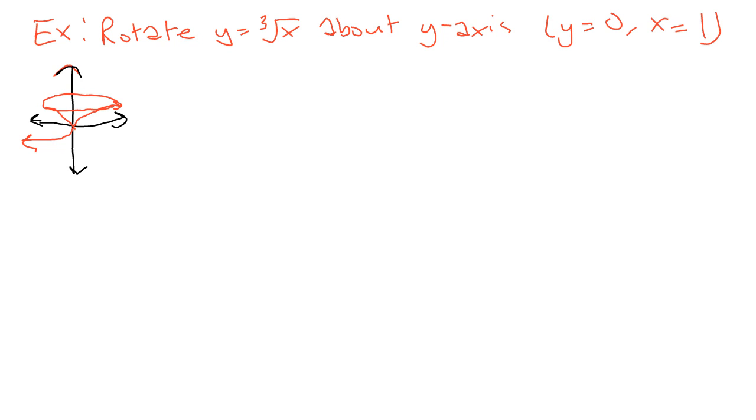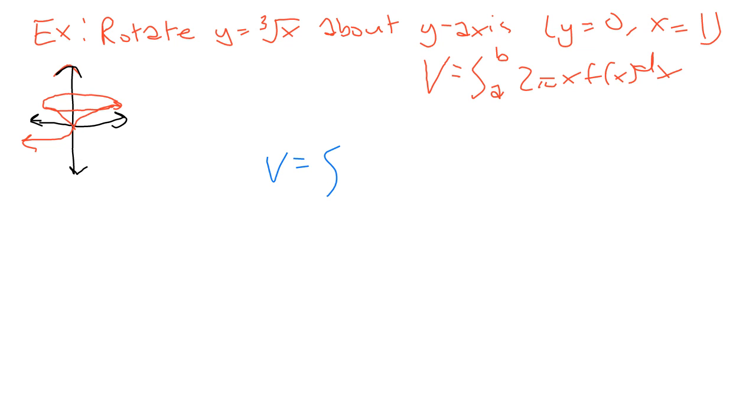So our general formula we said earlier is V equals the integral from a to b of 2 pi x times f of x dx. And we said earlier that this is when you're rotating about the y-axis. So we can just go ahead and plug and chug. So we have our V is equal from our bounds.